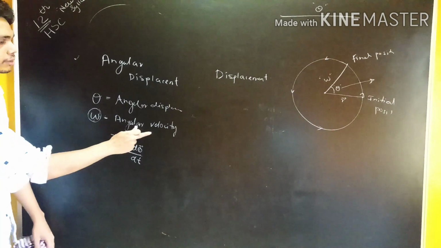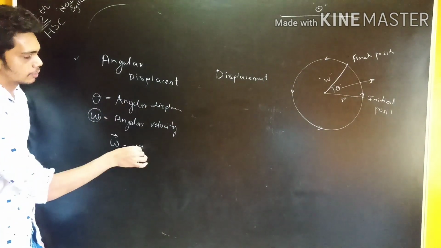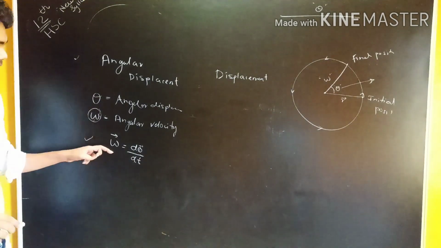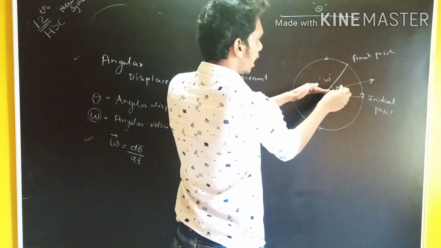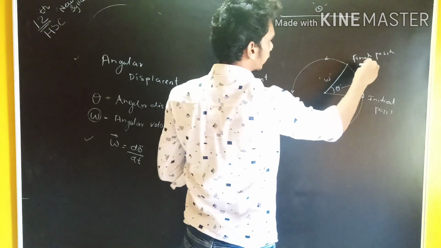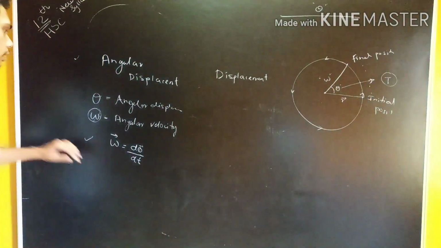So angular velocity is defined as the change of the angular displacement with respect to time. That is what angular velocity is. So this is the time period, and dt is written over here.